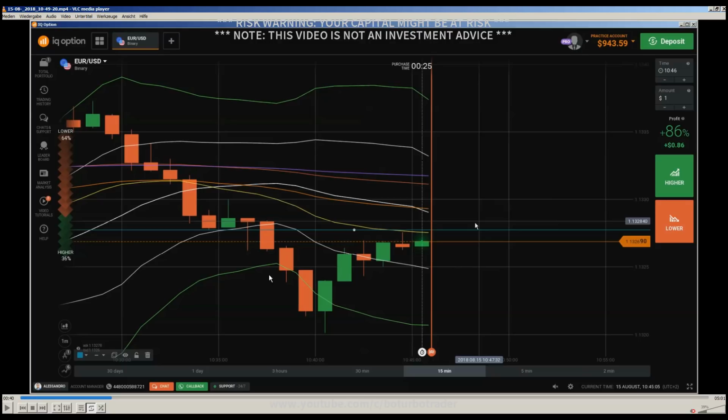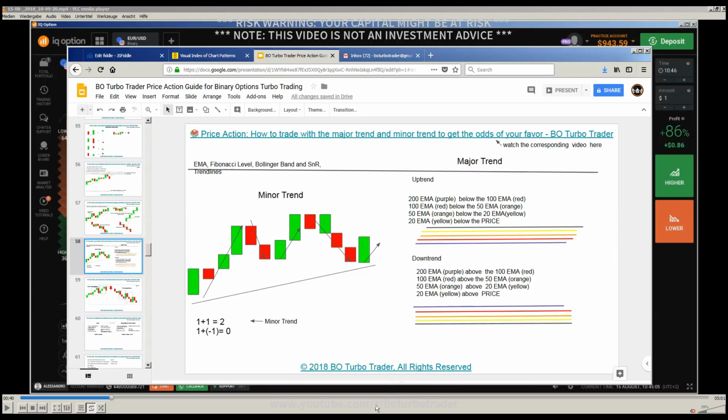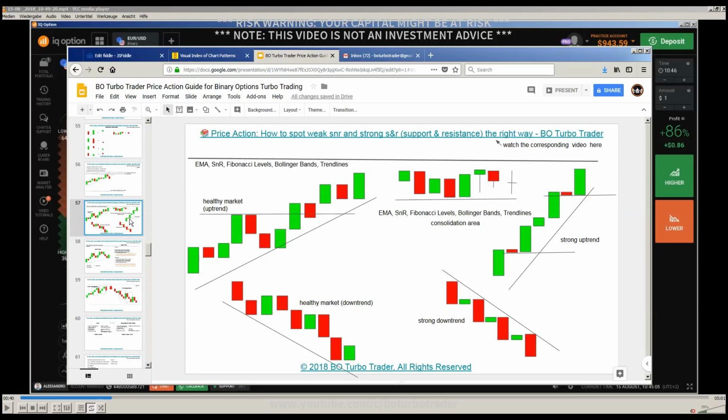That should be this other one which you should understand. Then obviously this kind of pages where I have explained in detail what the specific trend, consolidation area, strong trend, healthy trend is about.